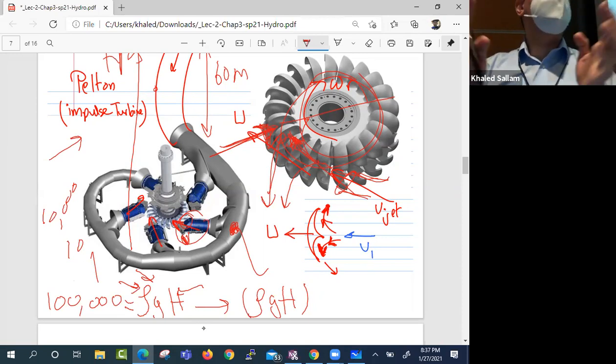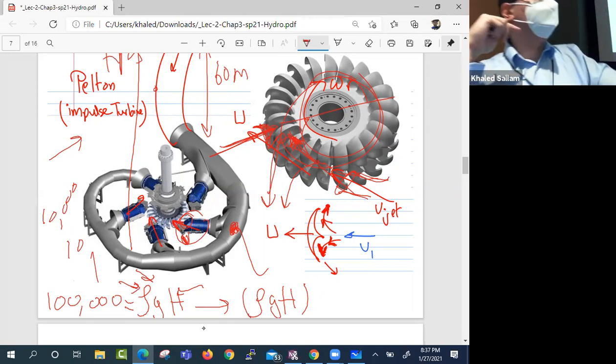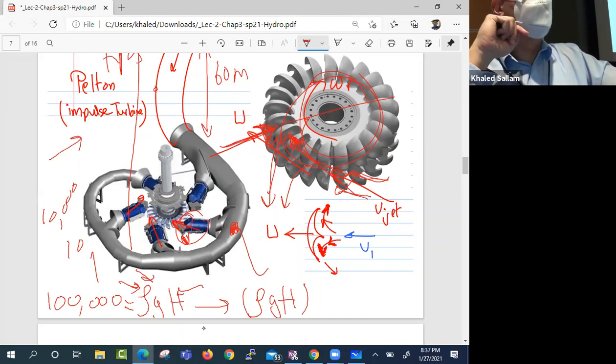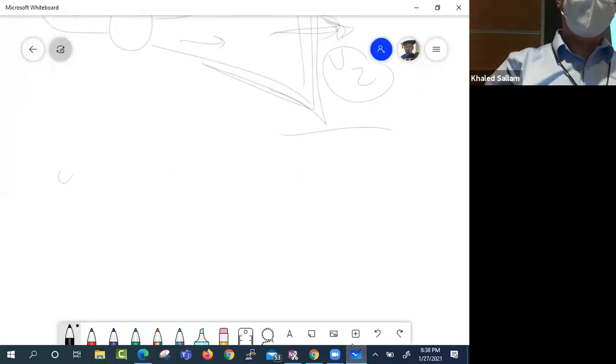You can design a steam turbine, not a hydraulic turbine, a steam turbine, where the pressure drop happens only in the stator, and that's called an impulse turbine. Or you can make one where the pressure drops on the stator and on the rotor. And the opposite of impulse turbine is, what's the opposite of impulse turbine?